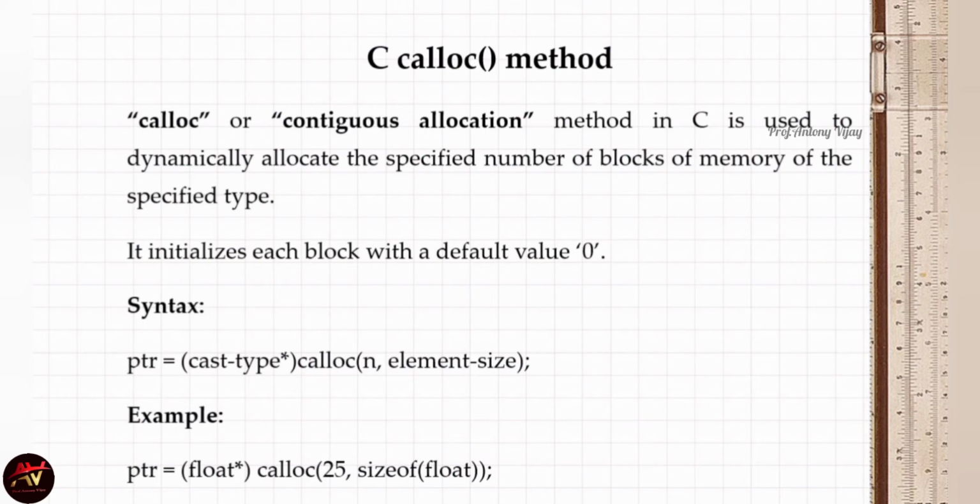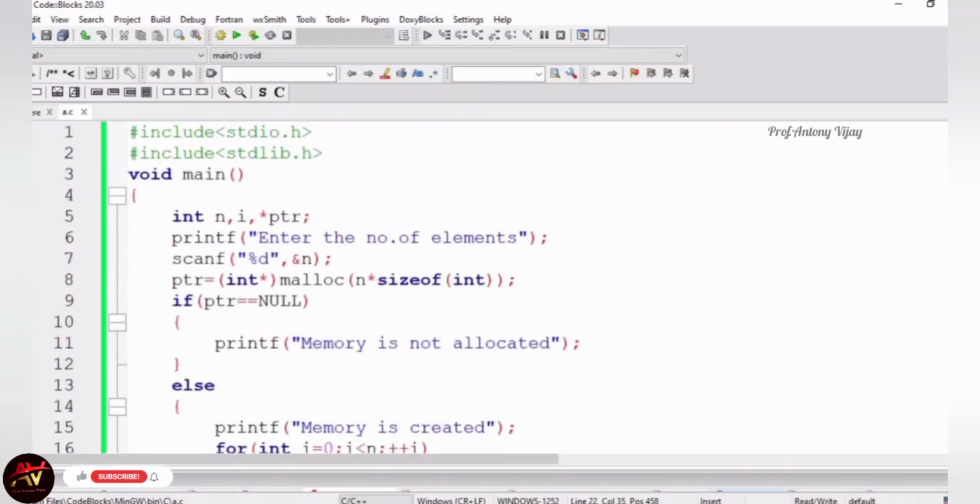Let me see the explanation about calloc through the CodeBlocks IDE. When I talk about calloc, we have to replace this malloc with calloc. So we have to pass n comma sizeof int.